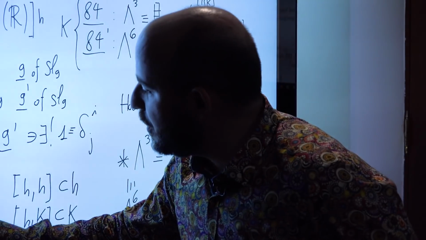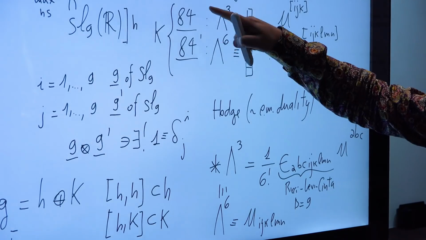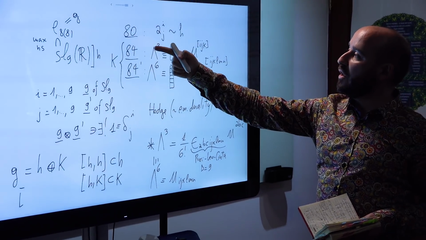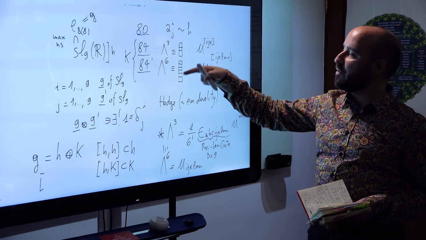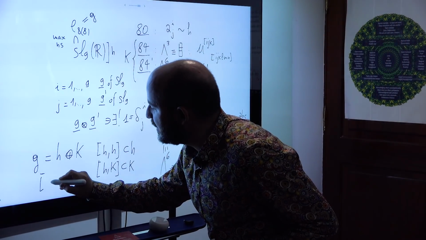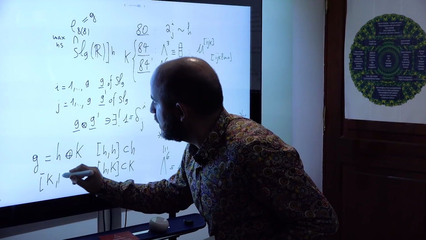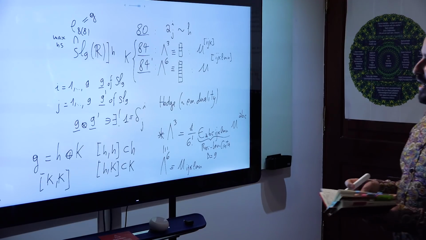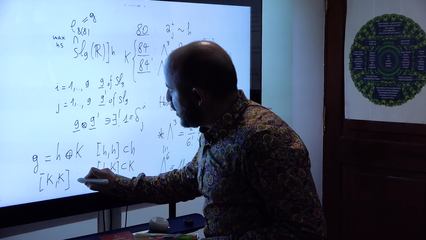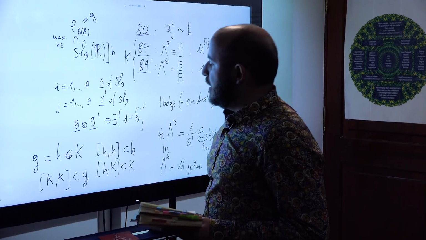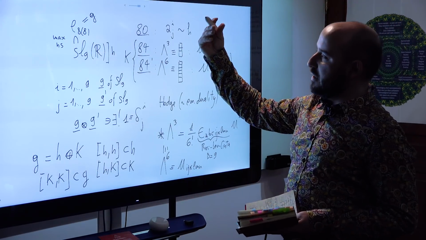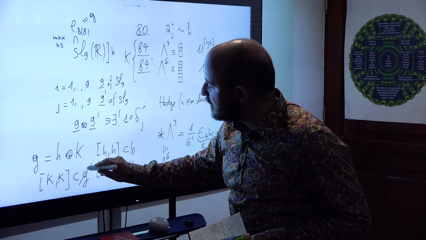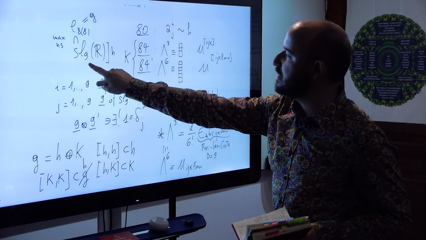But then the important point is that let's study now the commutators, and these are interesting for results, of the 3 form and of the 6 form between themselves. So we can study K with K. And now the important thing is that in this case they will be in general contained in G. If the coset were a symmetric coset, essentially one might say that these were inside H, inside the stabilizer.